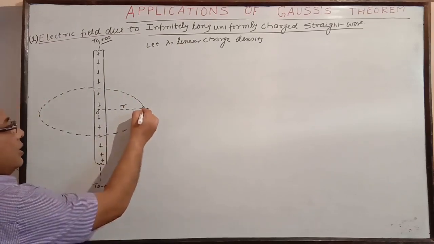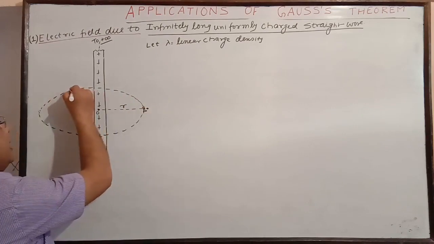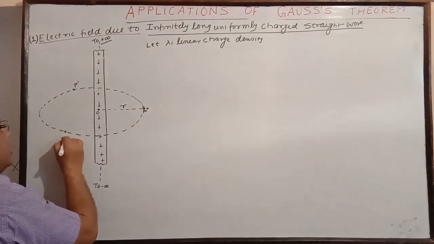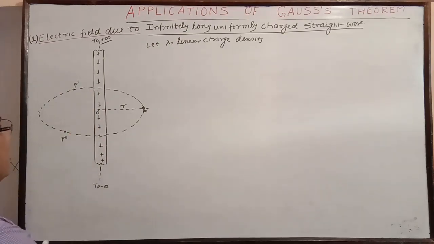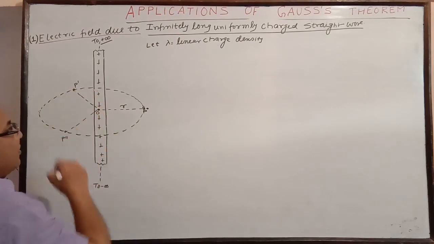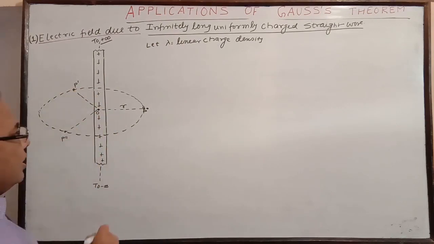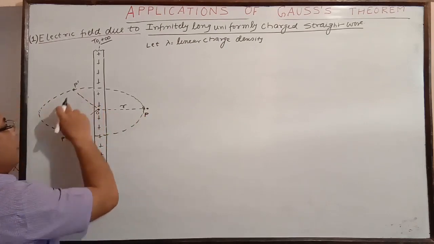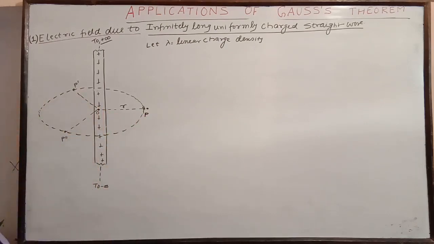So here P, say any other point P dash, a third point P double dash, all the 3 points are at equal distance from O. So whatsoever the electric field will be at point P, the same electric field will be seen at P dash and P double dash. Now it is uniformly extended.